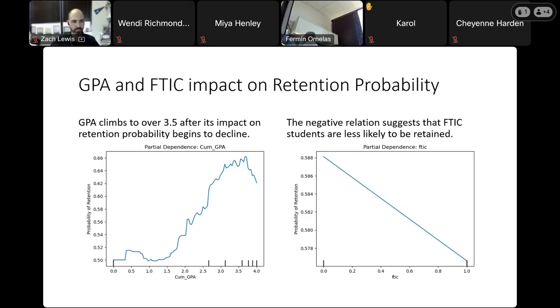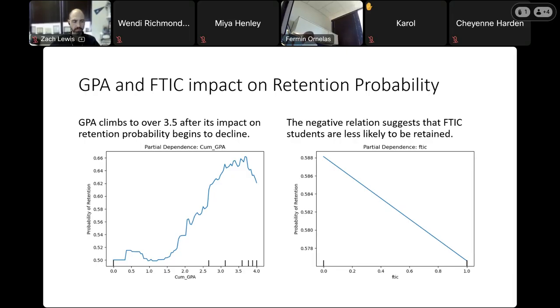The slope of this line is negative, and if the slope is negative, it means the relation with the outcome of interest is inverse, right? Which means if we have an FDIC student, he's less likely to be retained. He's less likely to go into the next year.